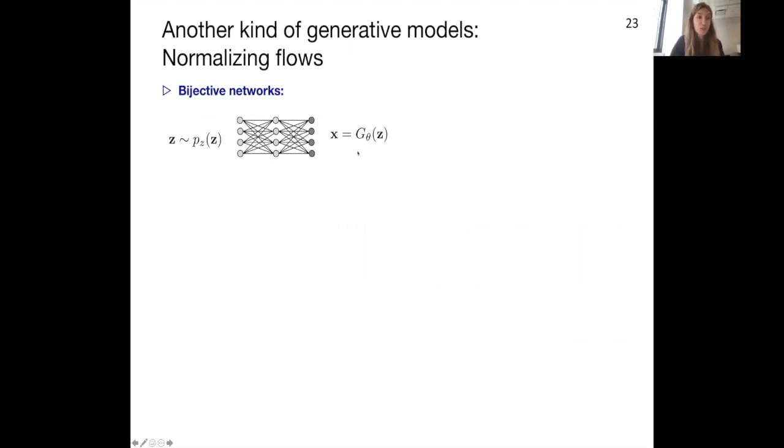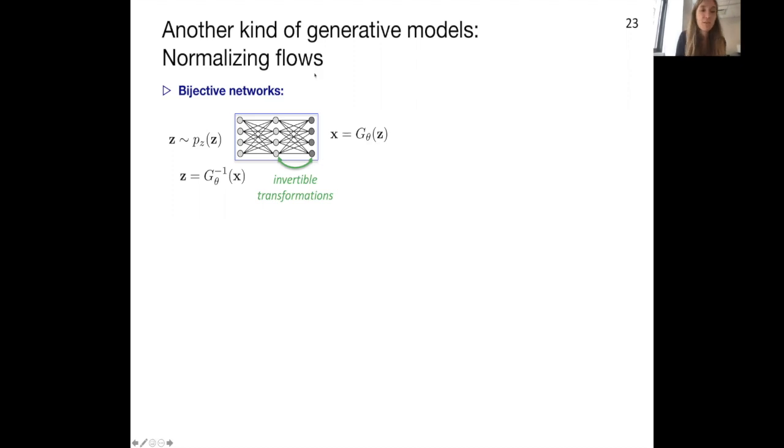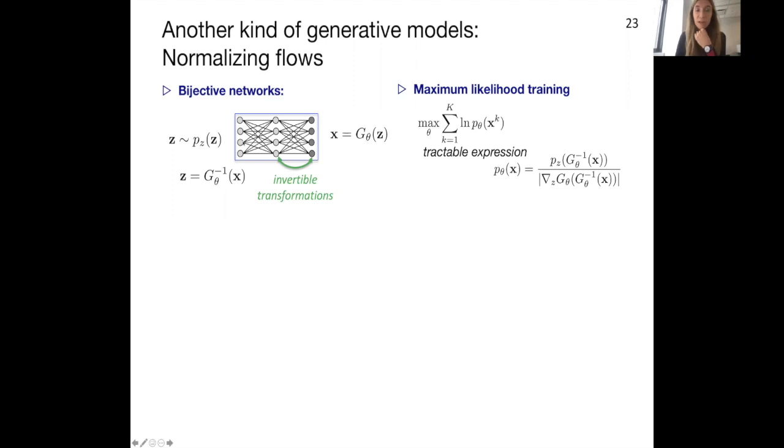But they are bijective, so they only involve invertible transformations, such that from an image we can actually compute the inverse and the latent representation that corresponds to it. Effectively, this means that they have the same dimension in the input and in the output, so they can be trained with maximum likelihood.